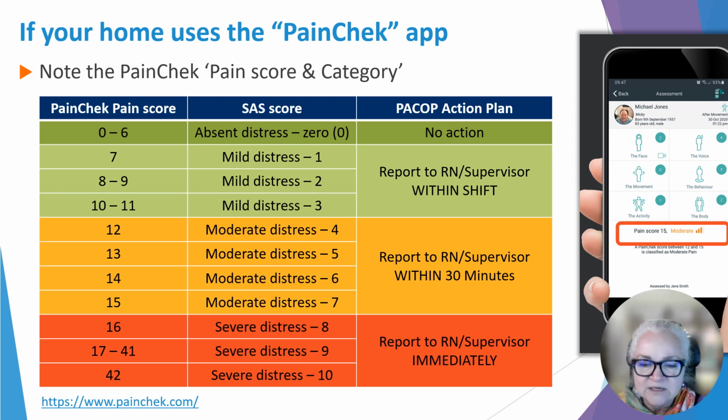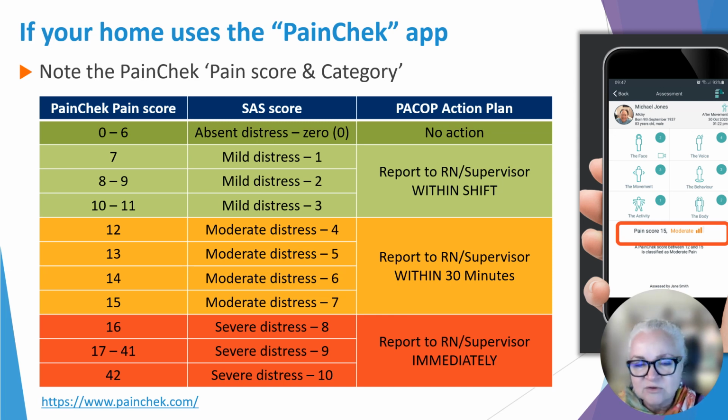Whenever you have any kind of severe symptoms, the escalation process is to report this to an RN or supervisor immediately. Similarly, if you're looking at a score of, say, 12 in the Pain Check score, it lines up with moderate distress and a score of 4 in the distress scale, the symptom assessment scale.